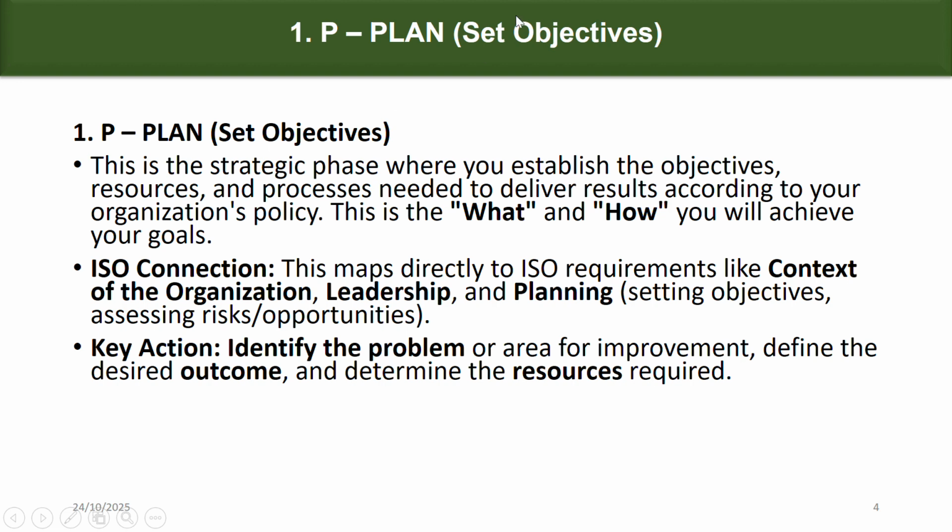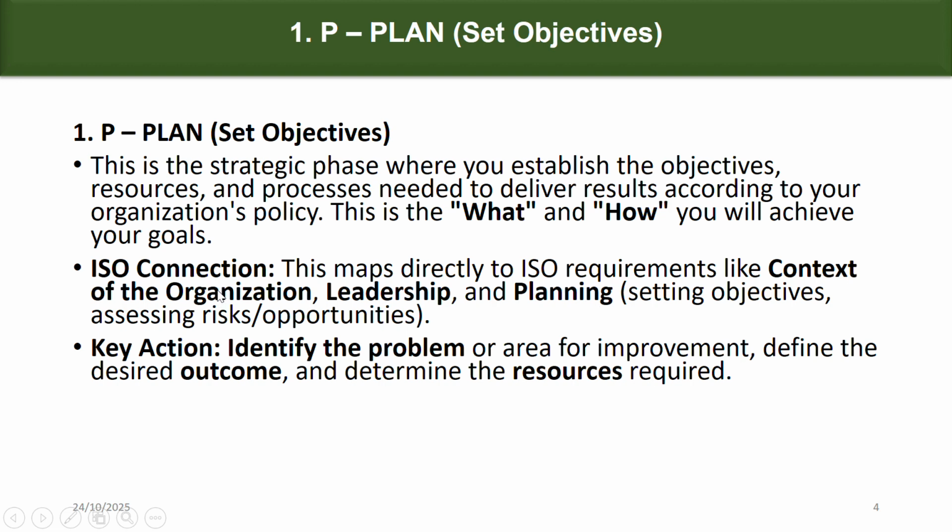Now we are discussing the P: set objectives. First set the objectives. P is plan, set objectives and targets. This is the strategic phase where you establish the objectives, resources and processes needed to deliver results according to your organization's policy. This is the what and how you will achieve your goals. ISO connection: this maps directly to ISO requirements like context of the organization, leadership and planning.